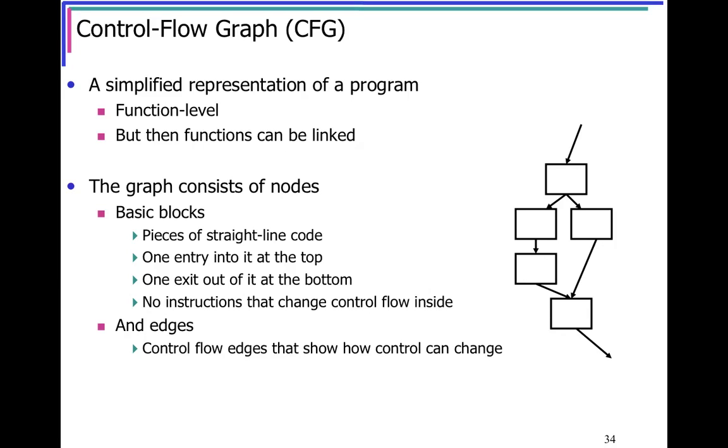For each function, we're able to build a control flow graph. This is a graph for which the nodes are basic blocks and the edges are how execution flows between the basic blocks. Now this is static, right? We can look at the program and identify the basic blocks without knowing how the program is going to execute. What the control flow graph shows are all of the possible ways that a function can execute, all possible paths.